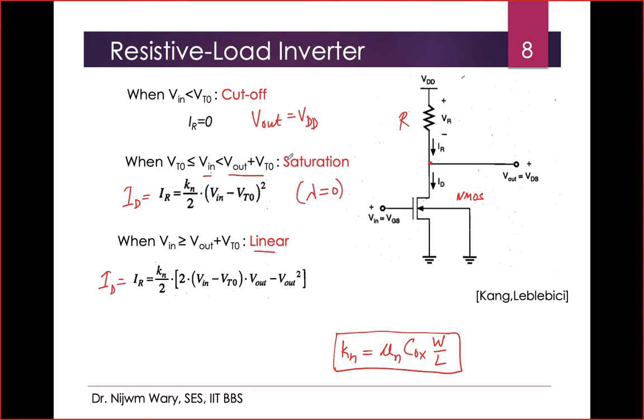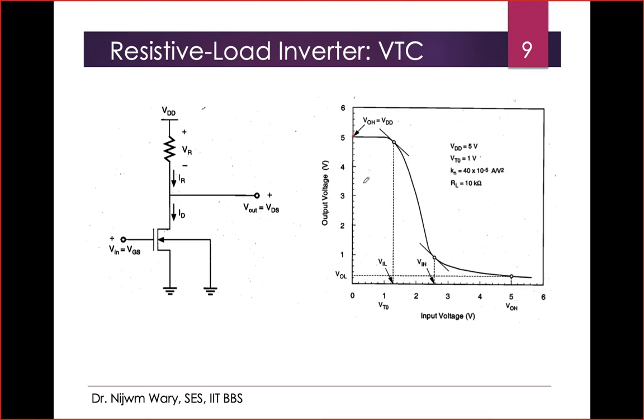So the maximum voltage this inverter can go to is VDD. So that's why VOH is equal to VDD.